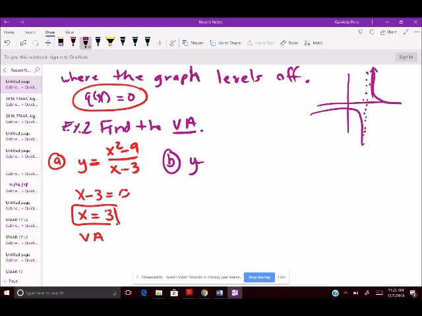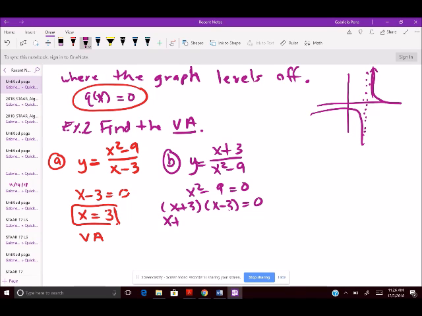Same problem: y equals x plus 3 over x squared minus 9. Take your denominator and set it equal to 0, but I know it has to be factored into a plus 3 and a minus 3.